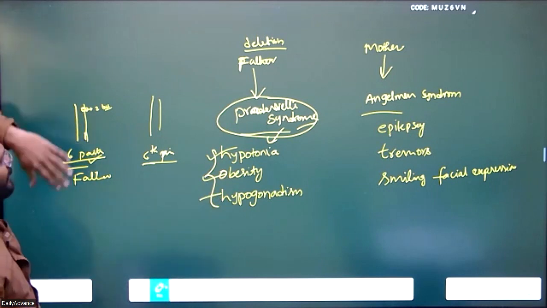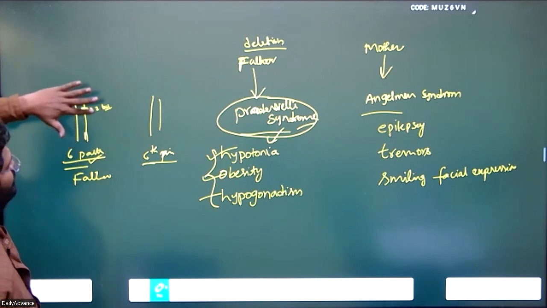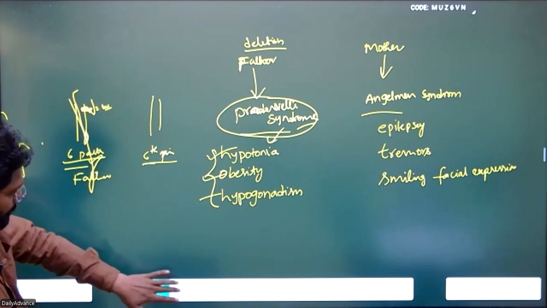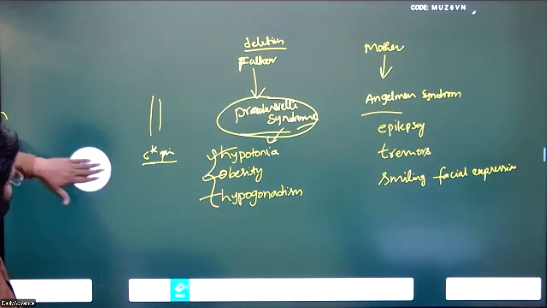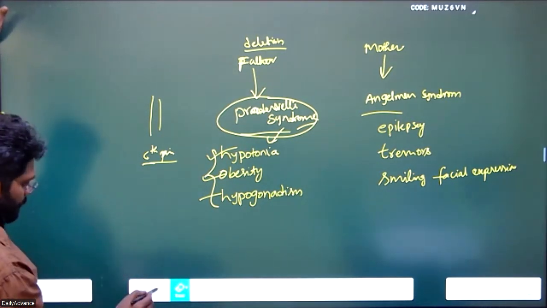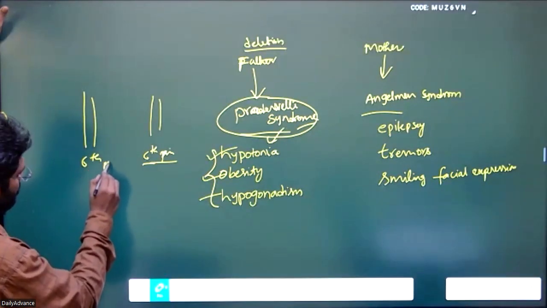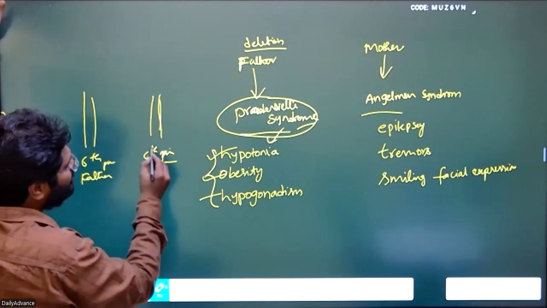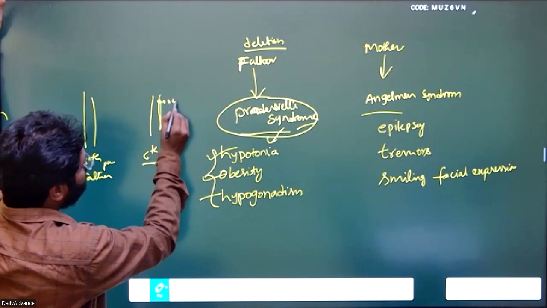Now in the second case, the father is completely healthy, there is no problem. In the mother, on the sixth pair, a deletion occurred at the second loci.